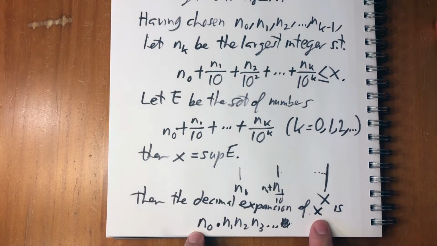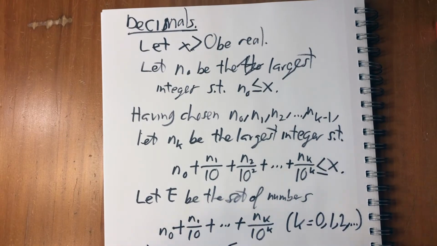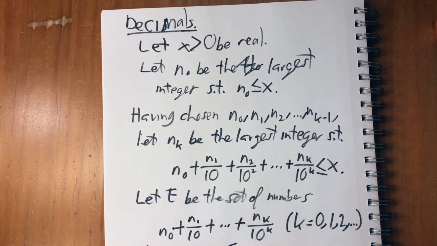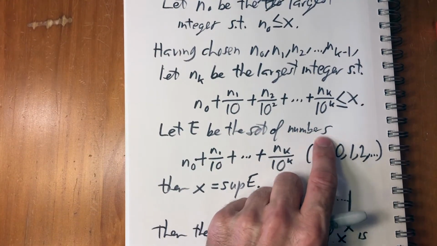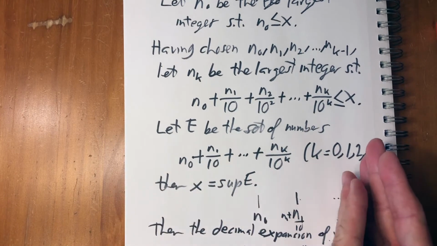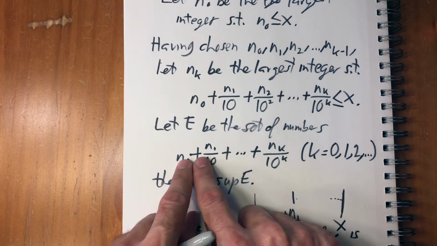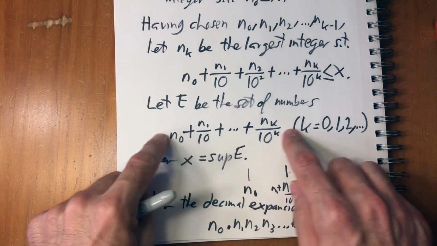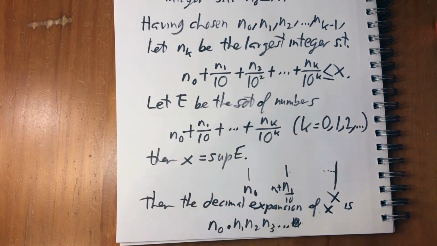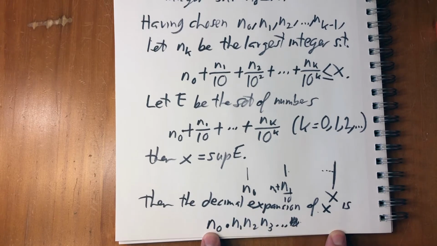This is the decimal expansion of x. So we're looking at how do we write x as a decimal number. And this is how we do it. We have this set that gets closer and closer to x without going over, so that x is the supremum of all of these partial sums put together. And then, given this set, the decimal expansion of x is just these numbers written together like this.